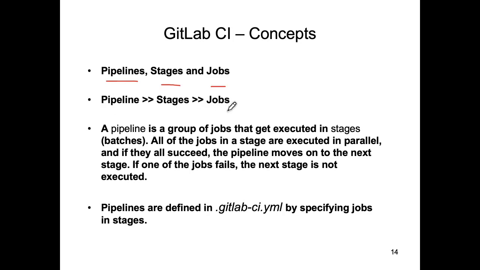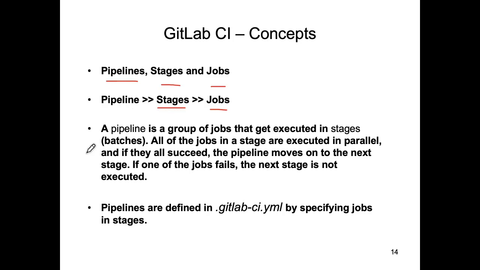If we go back to the picture that I had a few slides back, we had a continuous integration pipeline, a continuous delivery pipeline, and a continuous deployment pipeline. Each of the boxes in those pipelines is what we would refer to as a stage. Within each of those boxes, there may be multiple jobs or tasks, if you like. So this is how we describe our continuous integration process in terms of a pipeline made up of stages, which is made up of jobs.